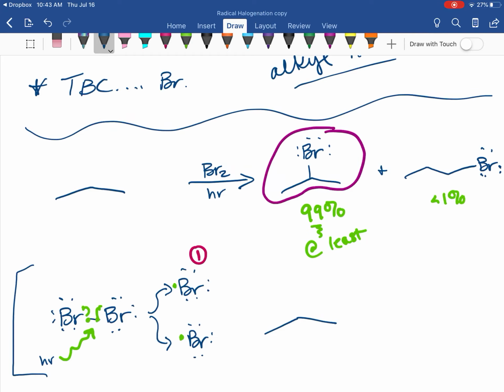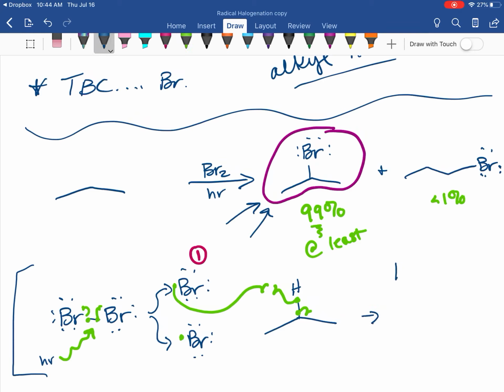Bromine radical number 1 is going to do a hydrogen abstraction. Okay, now this is where it gets fun. So you need to choose wisely. If you're about to make this product 99% of the time, then that means that this is the hydrogen that we're going to abstract. So let's keep track of our electrons.